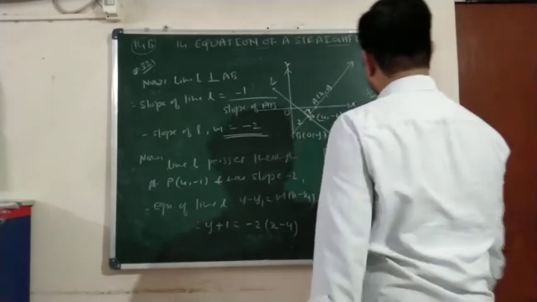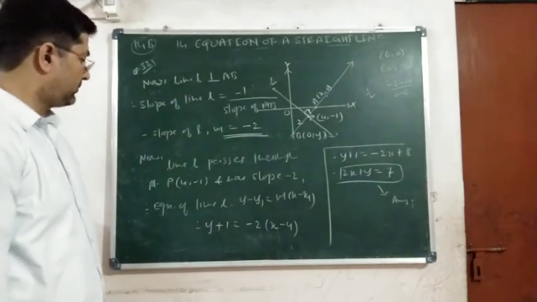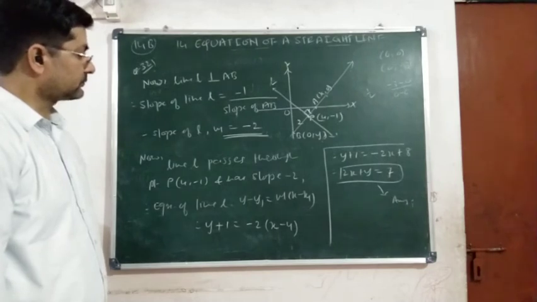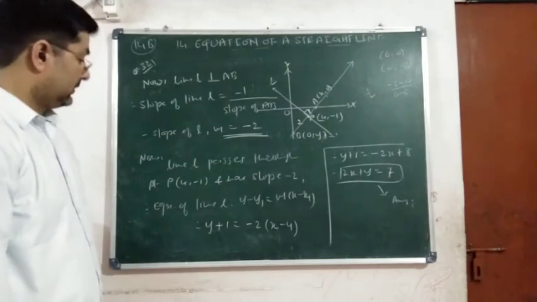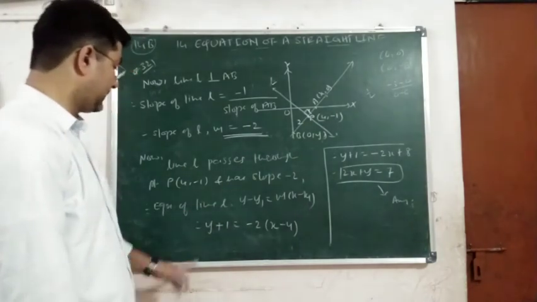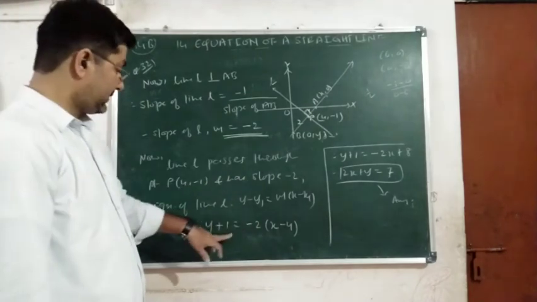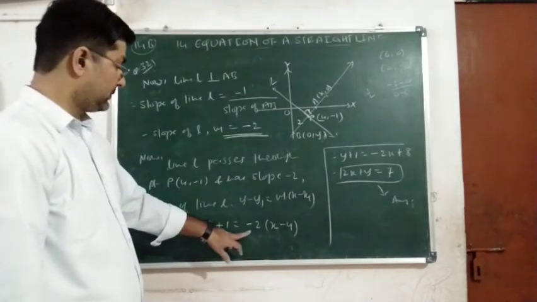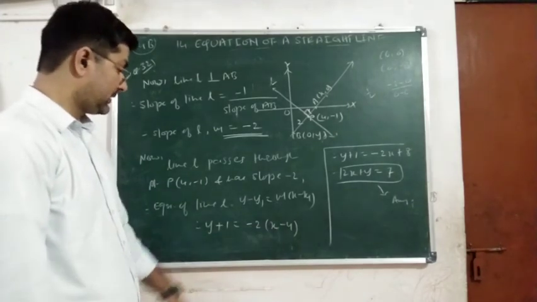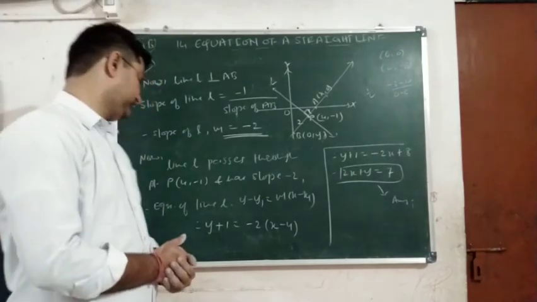So slope of AB was 1 by 2 and therefore slope of line L is minus 2 only. Negative reciprocal, yes, minus 2, that is right. Now the equation: y minus y1, y1 is minus 1, so minus minus is plus, is equal to m into x minus x1, so minus 2x plus 8, that is also right.